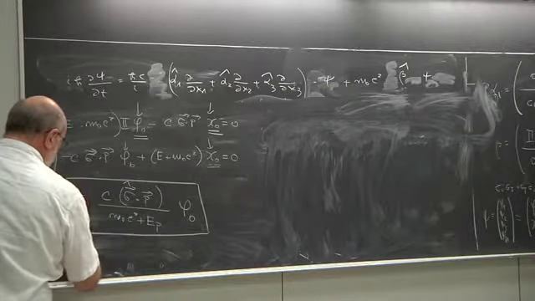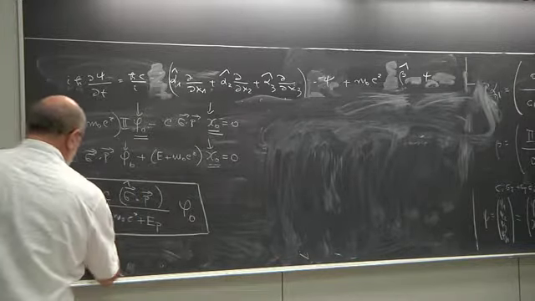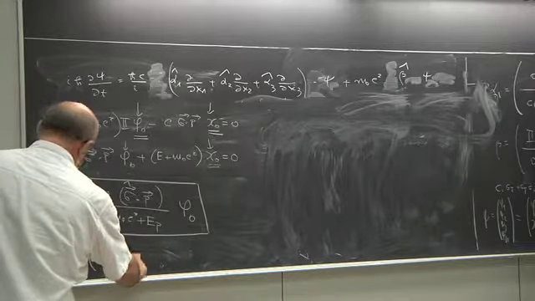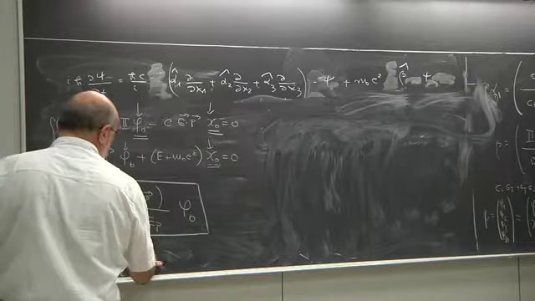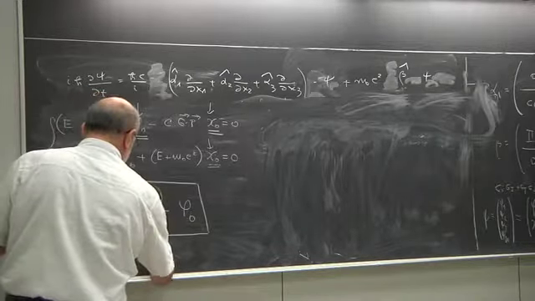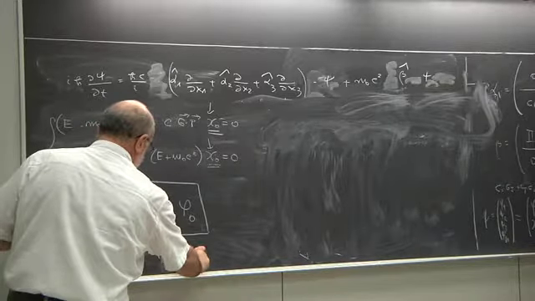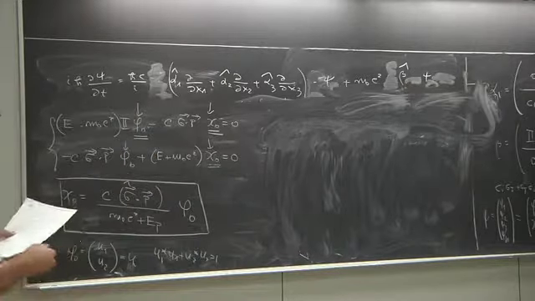So phi0 is a constant 2 by 2 vector, so it can be described by two numbers, u1, u2. Call this u. Then we will require also that this be normalized, so u1 star u1 plus u2 star u2 equals 1. Let's make this choice.